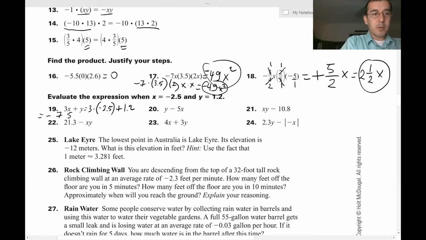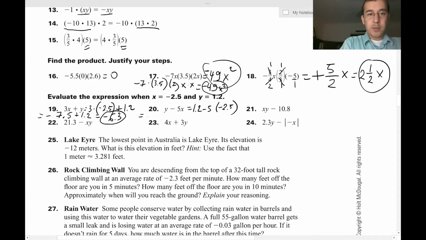And there is one decimal point. So this is minus 7.5, and then plus 1.2. This is minus 6.3. Okay, minus 6.3.